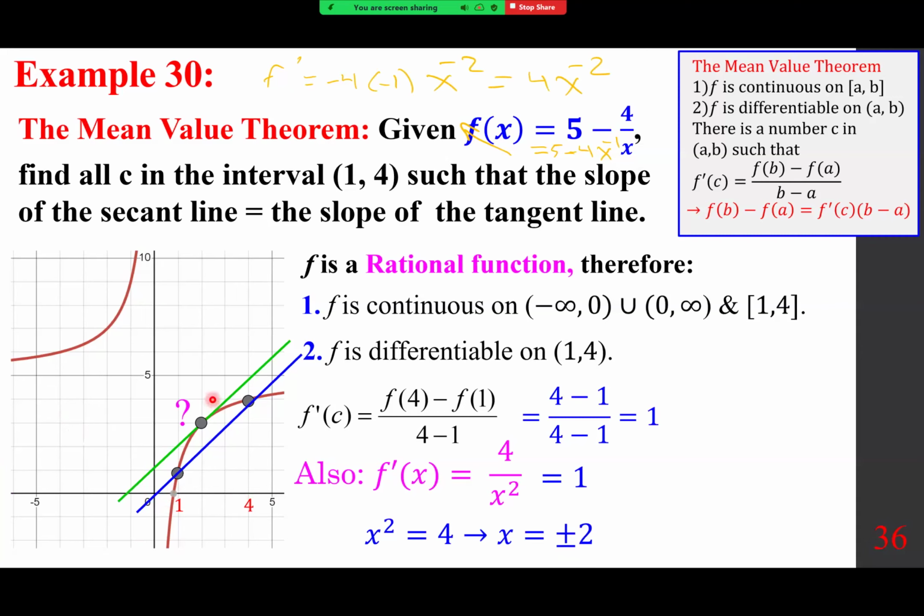However, between 1 and 4, the answer must be positive 2 only. Again, there are two answers. As it appears, at negative 2, in fact, here, we have also another secant line, but we want it to be between 1 and 4, and that makes it positive 2 only.